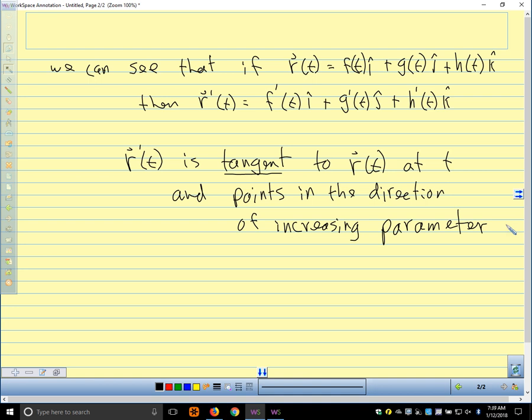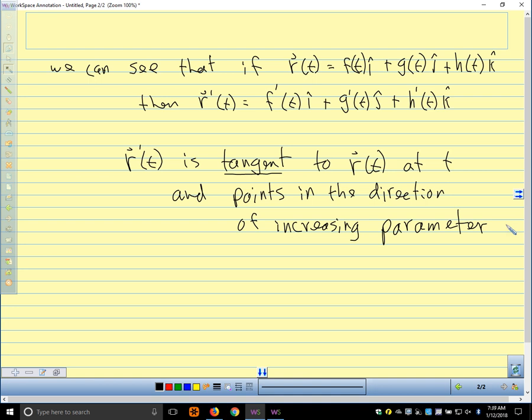So r prime of t gives us a tangent vector to our curve at a particular point, and it's pointing in the direction that the parameter increases. So if we think of r of t as the path that some object is moving along, what would r prime of t be? Change of slope. And if we're thinking of an object moving, what do we call that change with respect to time?